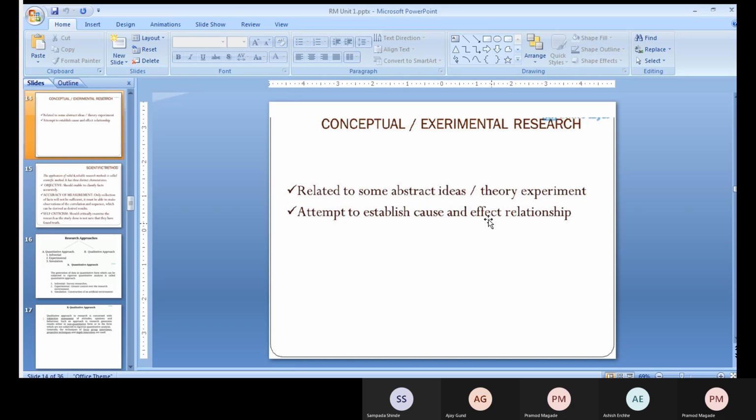Now, an attempt to establish a cause and effect relation. This we call a causal relationship. Causal relations means what happened. Let me quote one example. One of my UG students did research on welding technology.